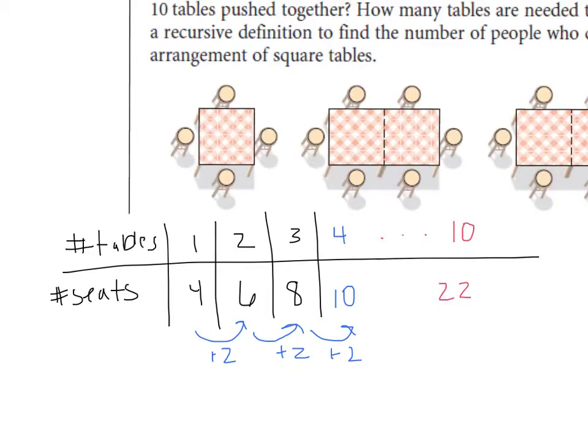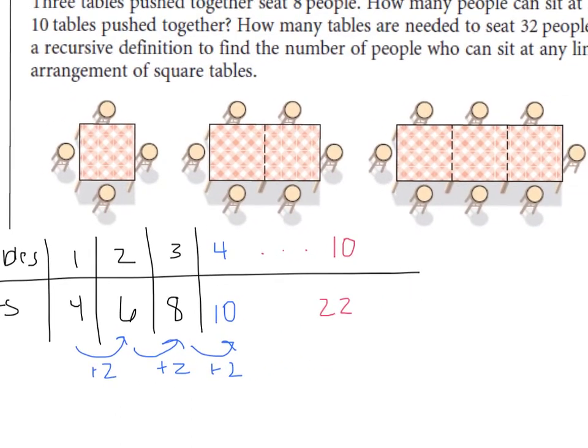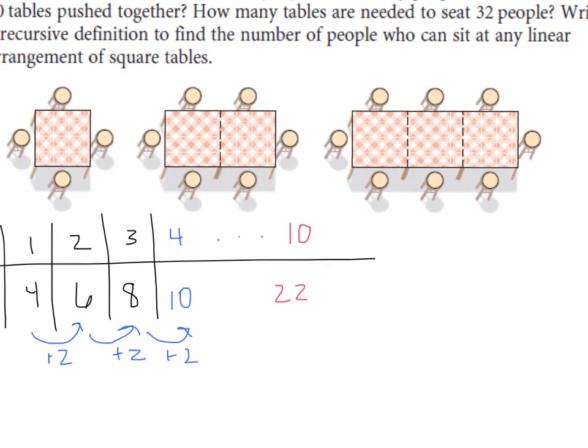Okay. Then we are asked to find how many tables are needed to seat 32 people. Okay. So if we already know that 10 tables seat 22, I know to get to 32 people, that's an additional 10 chairs. And before, we already said each table we add 2 chairs.